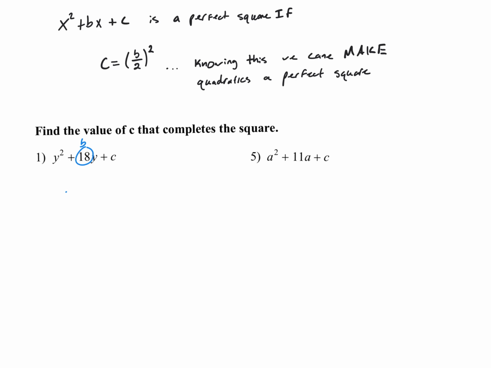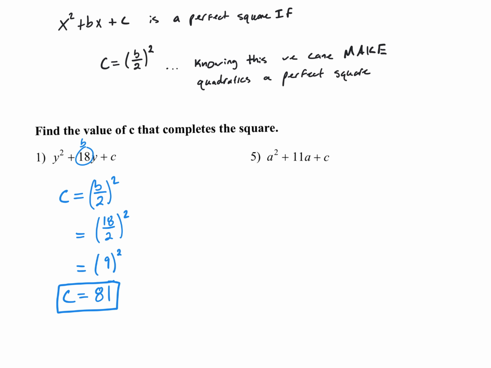I want my c to be b divided by 2 squared. Well, my b is 18, so this is going to be 18 over 2. 18 divided by 2 is just simply 9. And 9 squared is 9 times 9, or 81. So my c should equal 81.